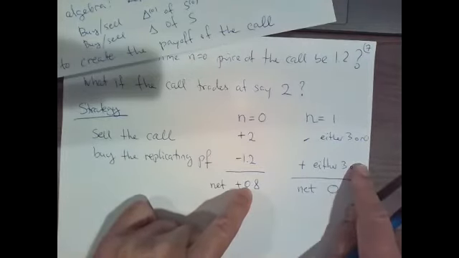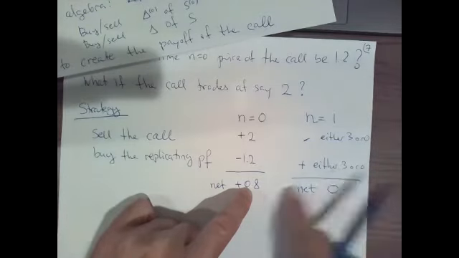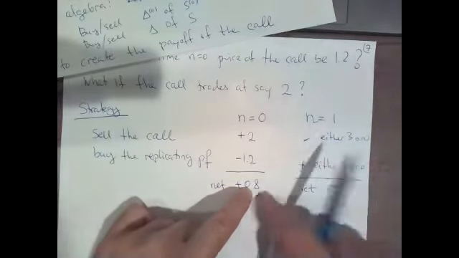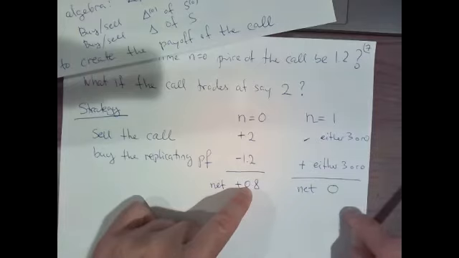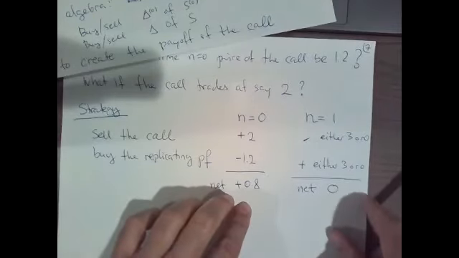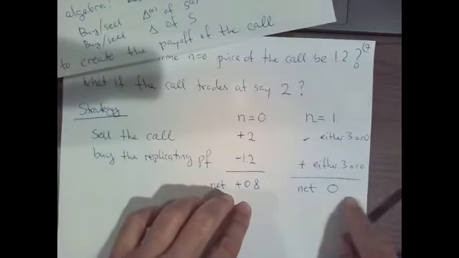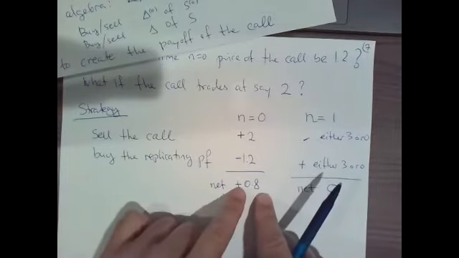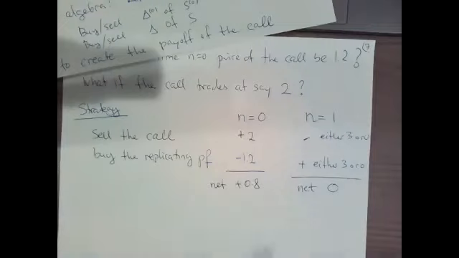Then in the future you will have 0.8 times 1.25, and you will have nothing today. So you can move this profit to time 1 if you want.